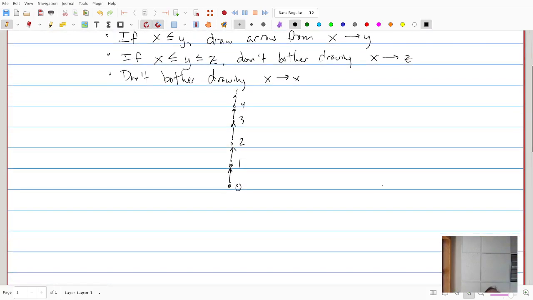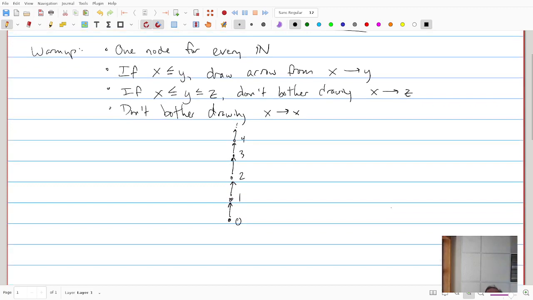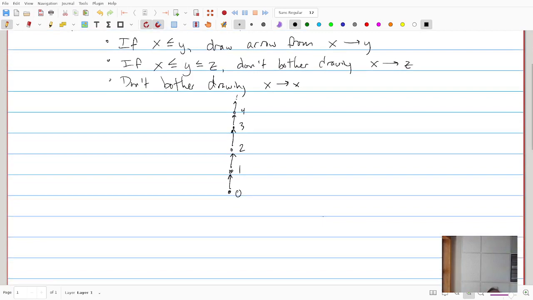So why did we do that? Well, let's do the same thing, and I mentioned this before, I think, that less than or equal to and the divides relation actually have a lot in common. So less than or equal to kind of has to do with addition, and divides has to do with multiplication.